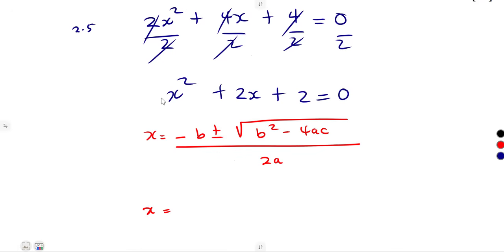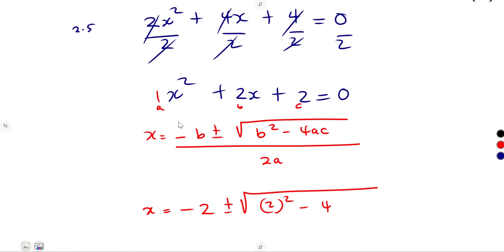So our x is equal to, so this is our a, b, and c. Minus b, that's minus 2, plus or minus the square root of b squared, 2 squared, minus 4 times a times c, which is 2. Everything over 2a, which is 2 times 1.